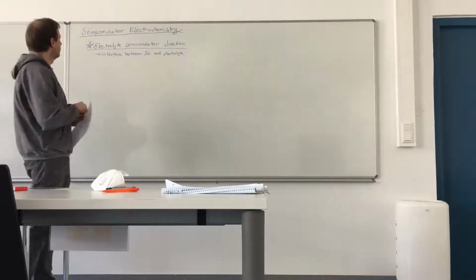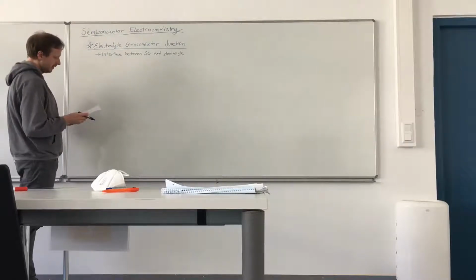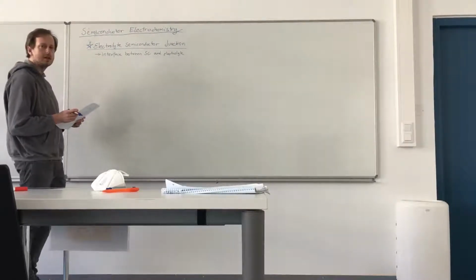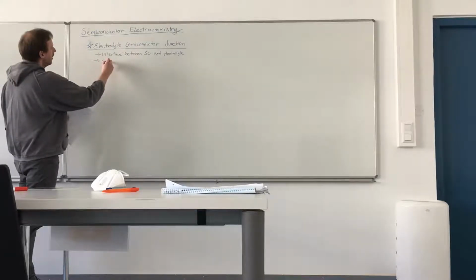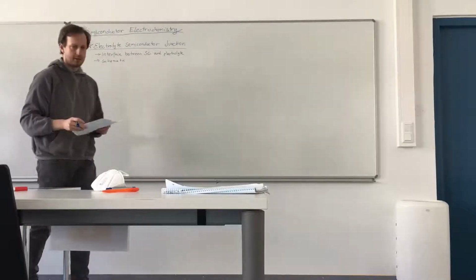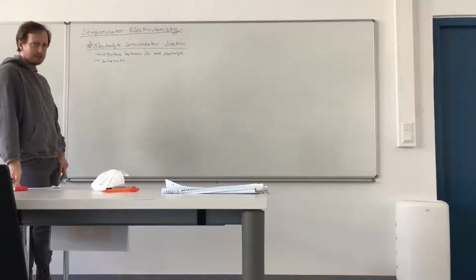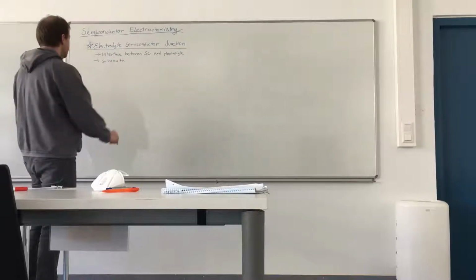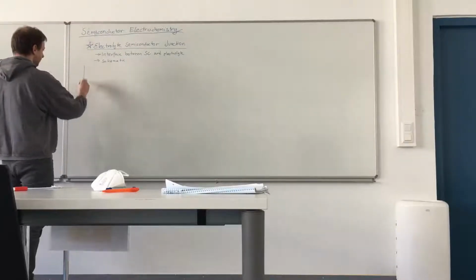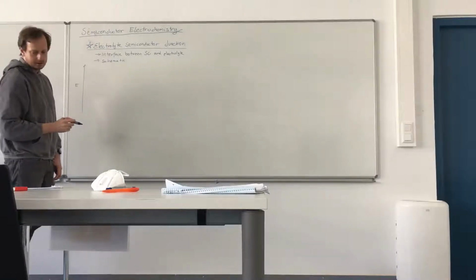So let me give a schematic, or let's develop a schematic of this junction. First, I would like to address the semiconductor. Let's repeat some basic properties of semiconductors. Let's begin. We have an energy axis, where E is the energy.